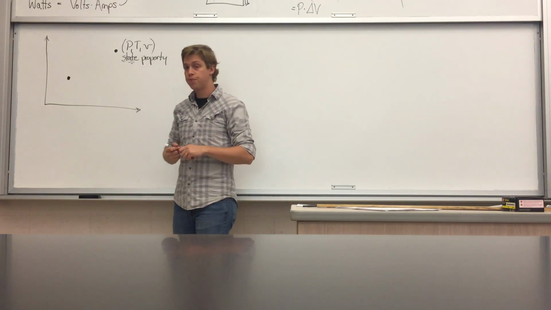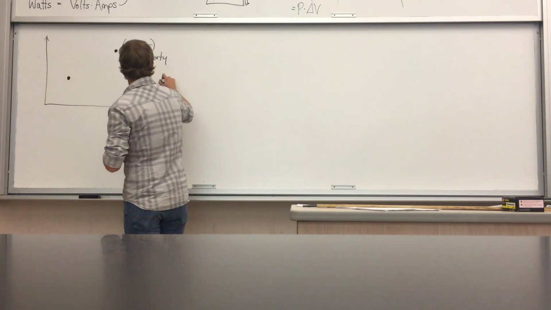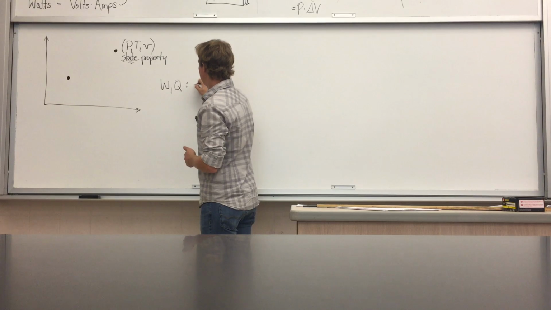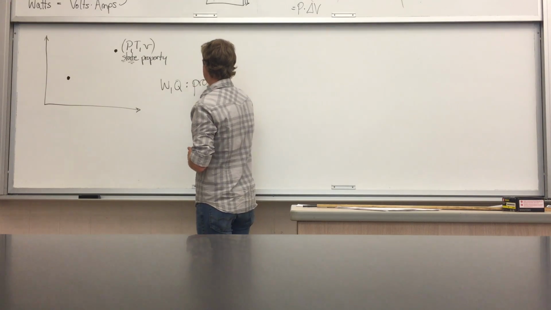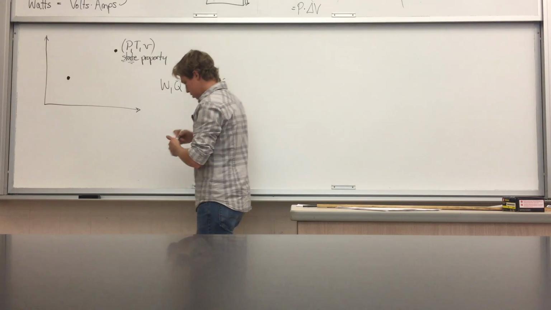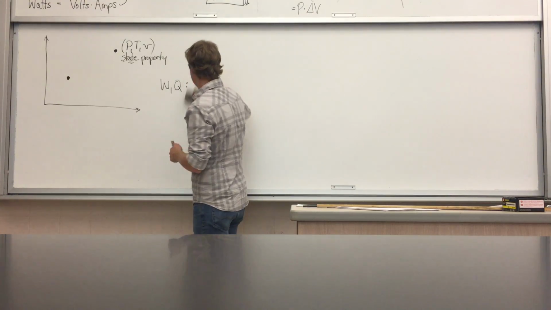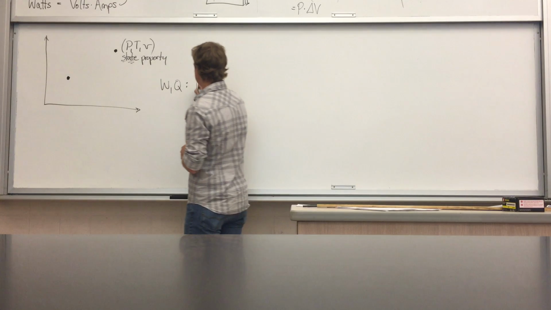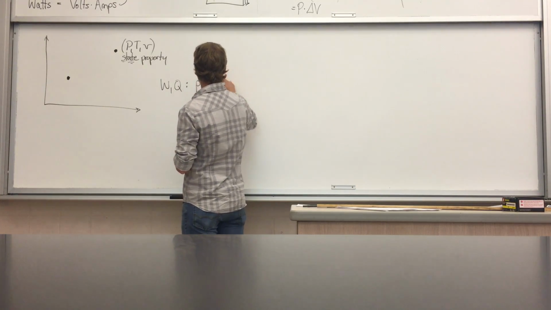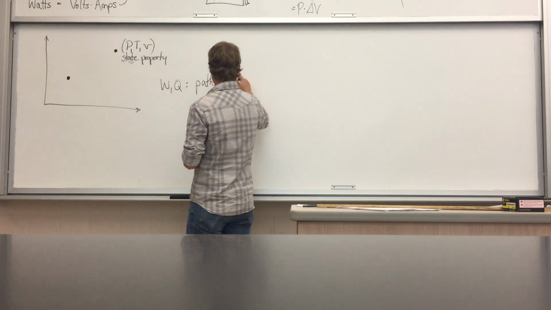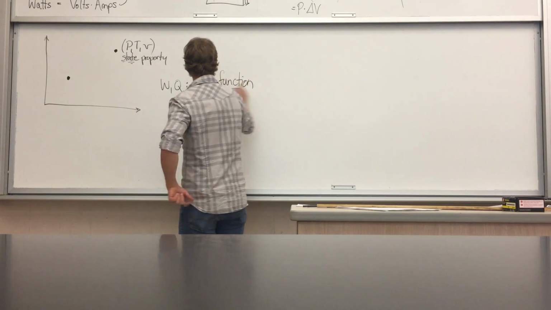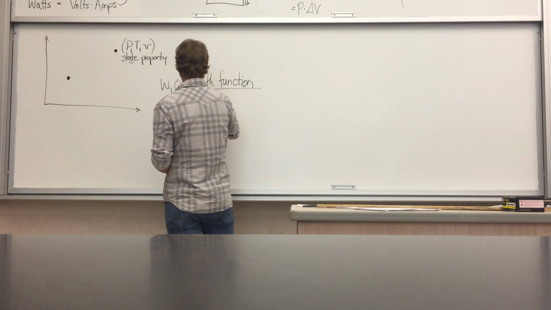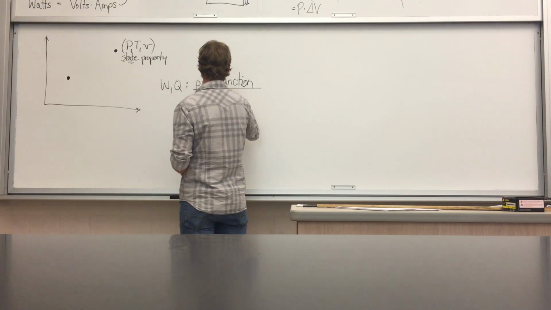Work and heat are what we call process paths. Sorry, I'm getting ahead of myself. These are called path functions, and the definition of path functions means that their value depends on the process paths, okay?